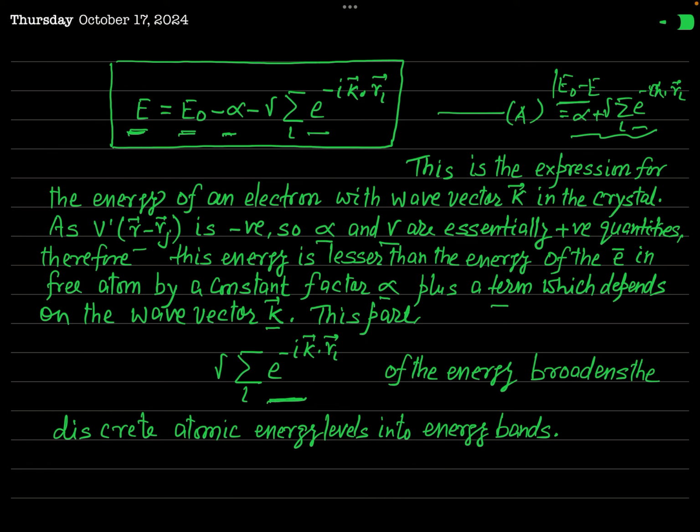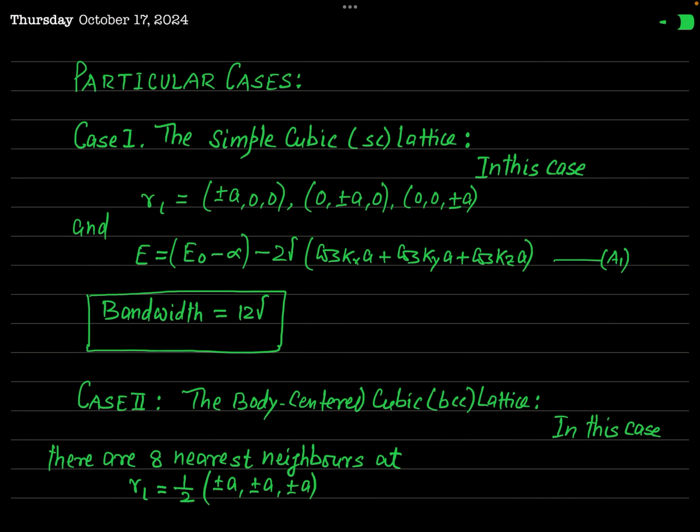Now we shall apply this result explicitly to the three cubic types of crystals. First of all, we consider the case of the simple cubic lattice.